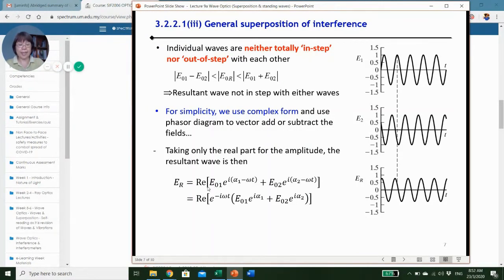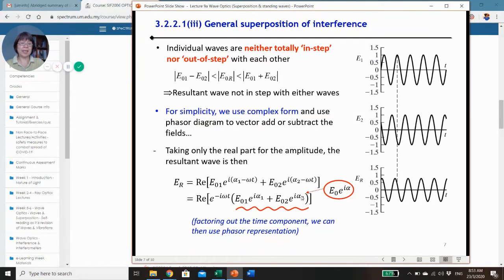So here we write the real part of the sum of the two waves. There is this common time component here, exponential negative i omega t. So we factor that out, and that will leave us with only the phase. This we can represent as a sum, which is E0, which represents the resultant amplitude, and the phase of the resultant wave.